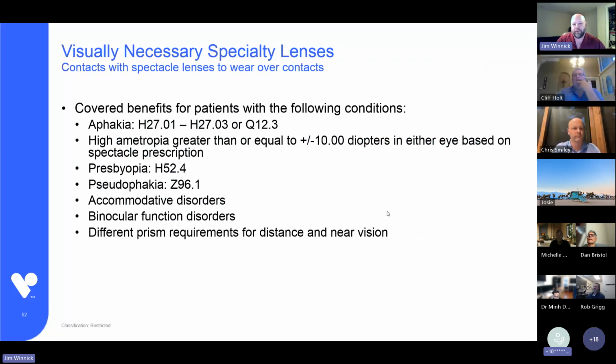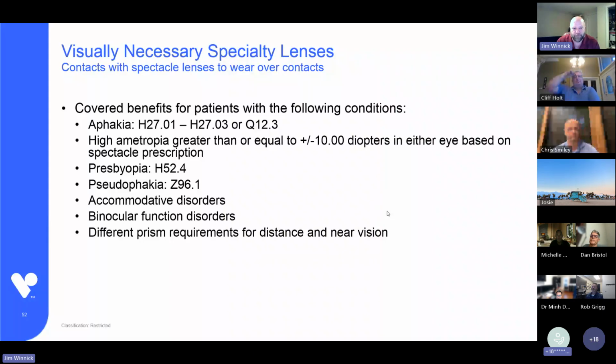Also, this is another area that people kind of forget about with this program. There are conditions of covered benefits over and beyond the visually necessary reimbursements for these particular conditions. Aphakia, high ametropia that can't be fully corrected by the contact lens, presbyopia, probably the most commonly used one, readers over distance lenses.